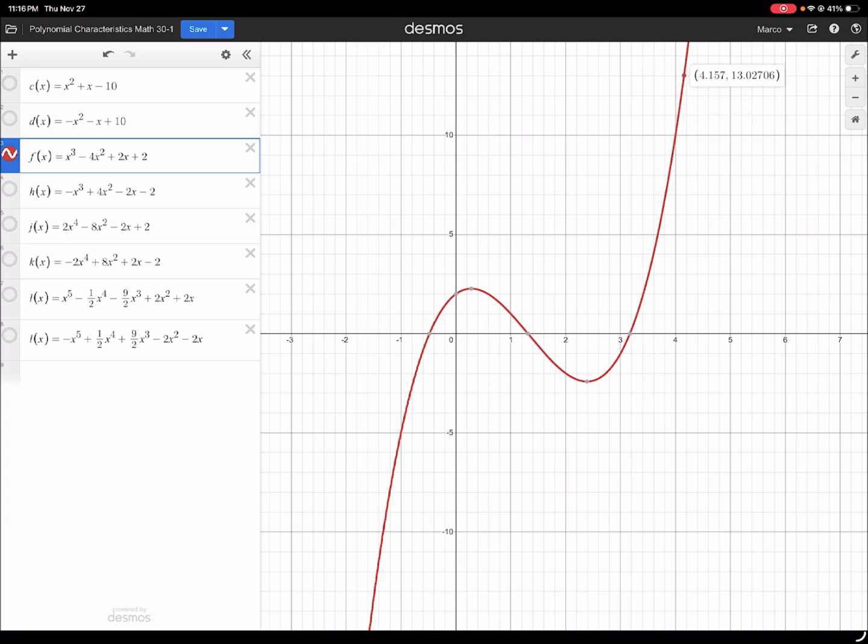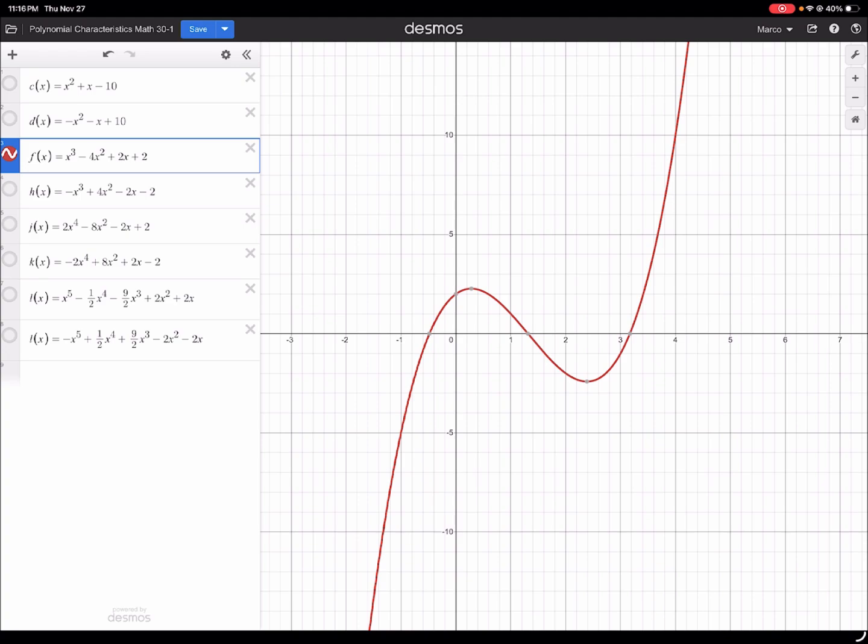They're getting bigger and bigger as my x gets bigger. And the other way, as my x gets smaller or approaches negative infinity, my y values are getting smaller, approaching negative infinity. So the end behaviors are in opposite directions, and that is a consistent thing with odd degree polynomials.